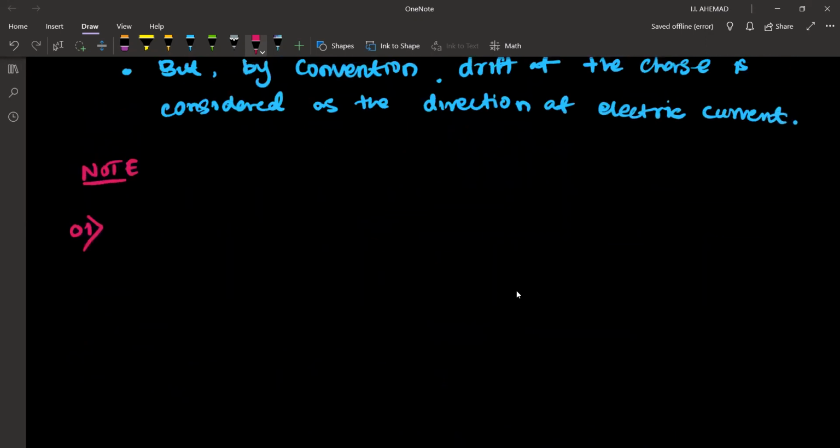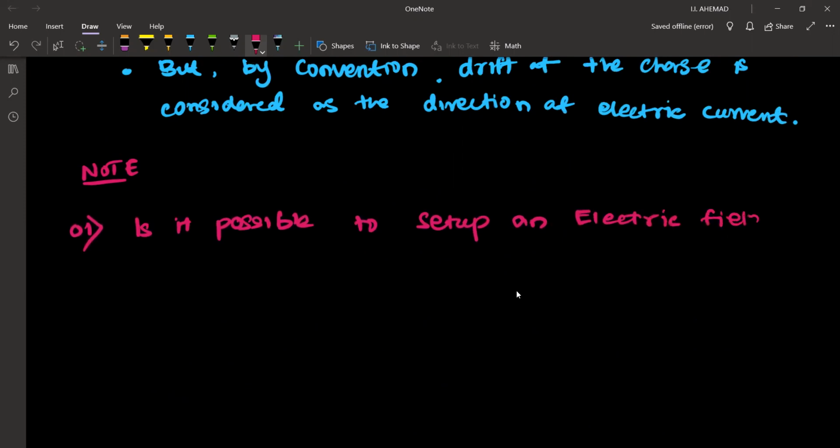So let's put a question: is it possible to set up an electric field inside a conductor?